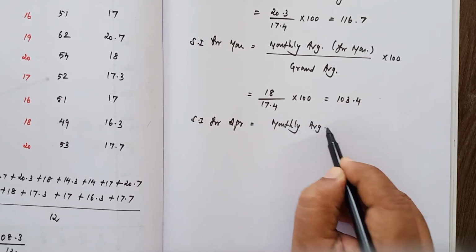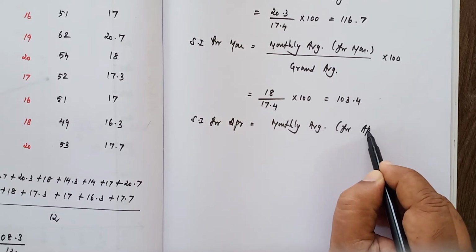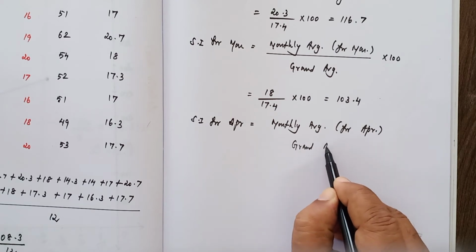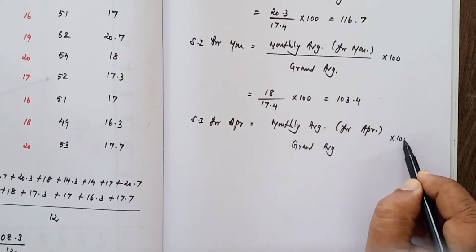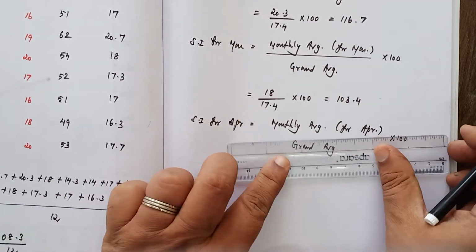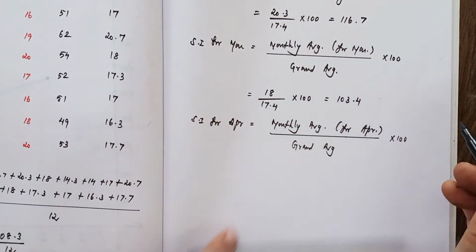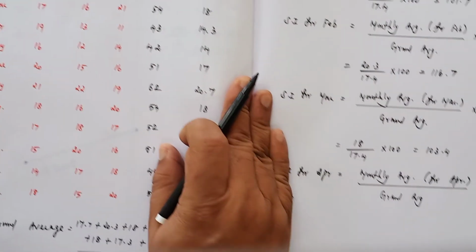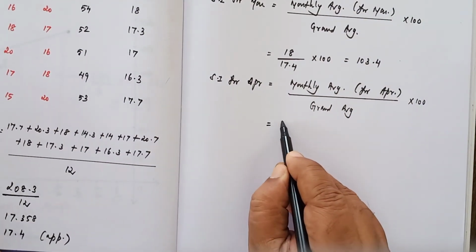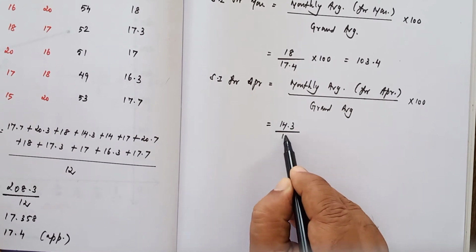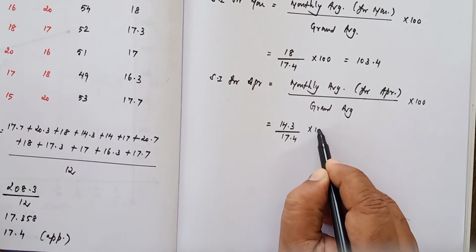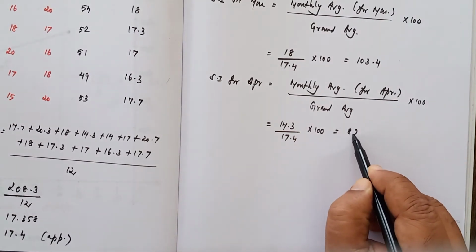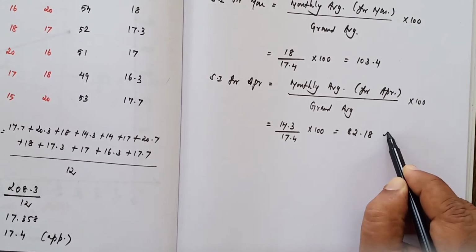Next, seasonal index for the month of April equals monthly average for the month of April divided by grand average into 100. For April, the average is 14.3 divided by 17.4 into 100 equals 82.18.